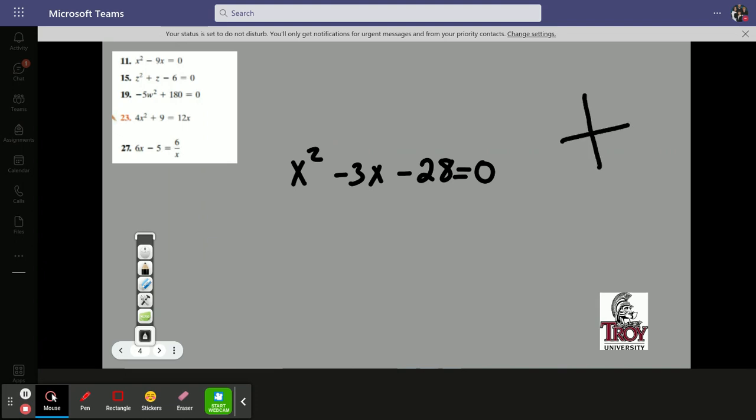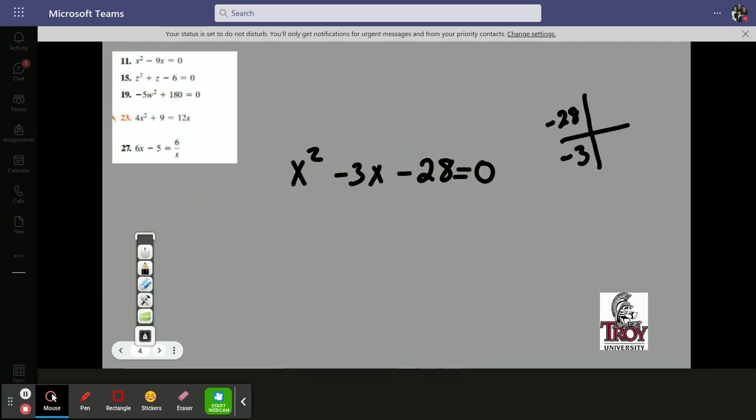What do we have to multiply to? Negative 28. Don't lose those signs. And we're going to add to negative 3. What two numbers? Negative 7 and... positive 4.